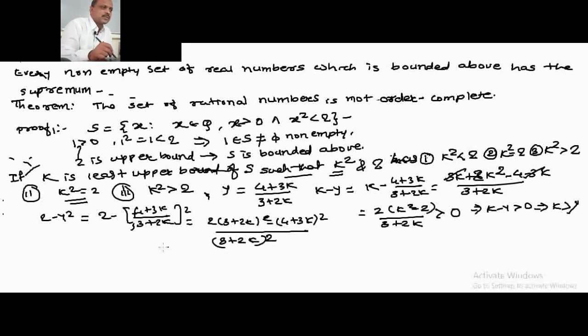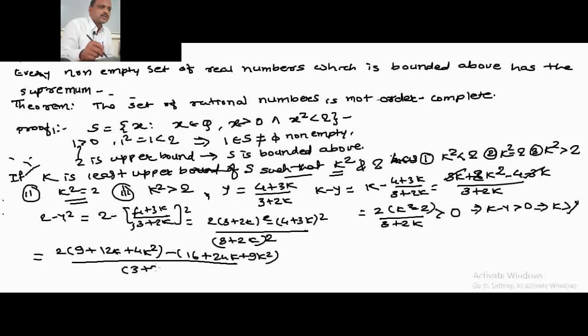This is equal to 2 into (9 plus 12k plus 4k square) minus (16 plus 24k plus 9k square), whole divided by (3 plus 2k) whole square.